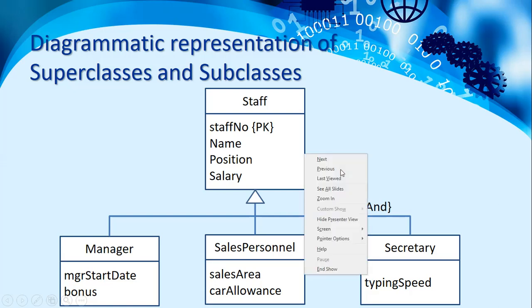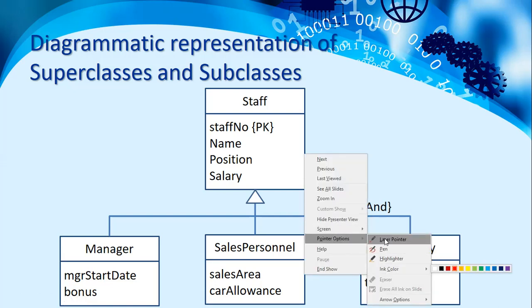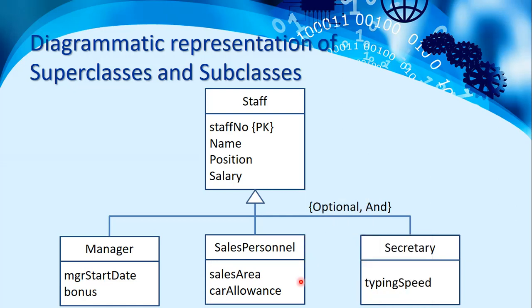Just to emphasize what I'm saying, attributes that are specific to a given subclass are listed in the lower section of the rectangle representing that subclass.